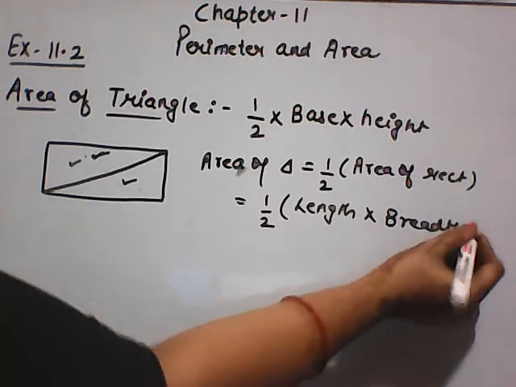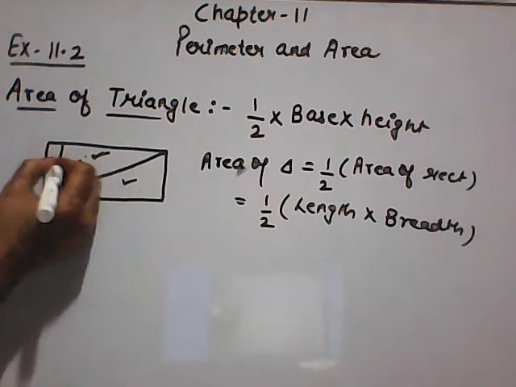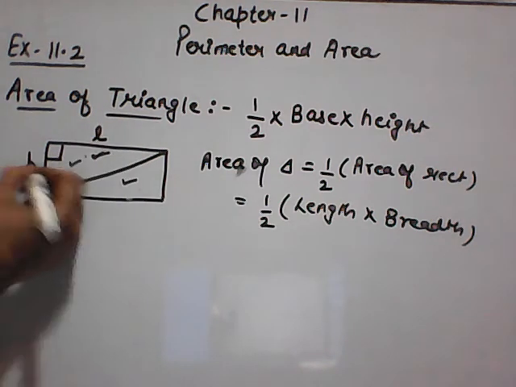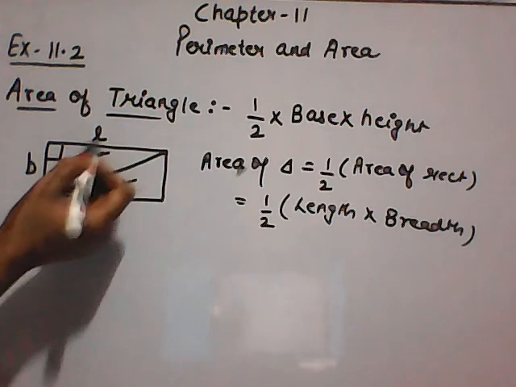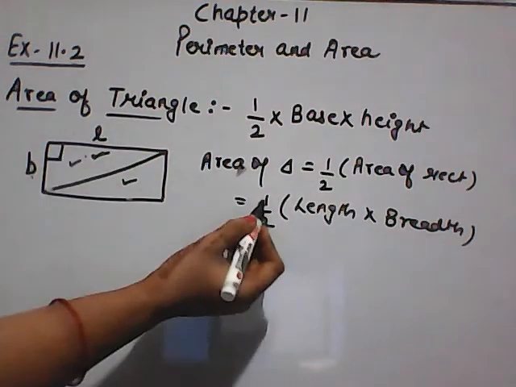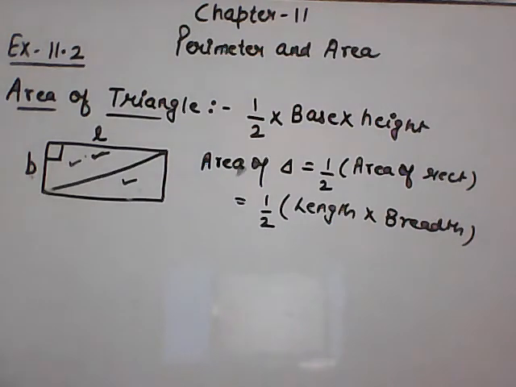So the area of a right angle triangle is half the product of the lengths of the two sides containing the right angle. Suppose it is a right angle triangle, this is the length of the rectangle, this is the breadth of the rectangle, 1 by 2 into length into breadth. So the area of a right angle triangle is half of the product of the two sides containing the right angle.